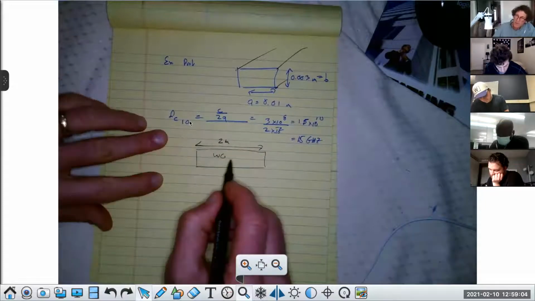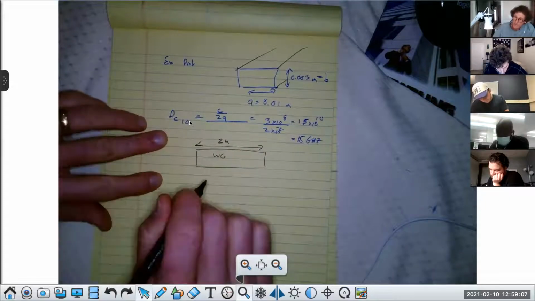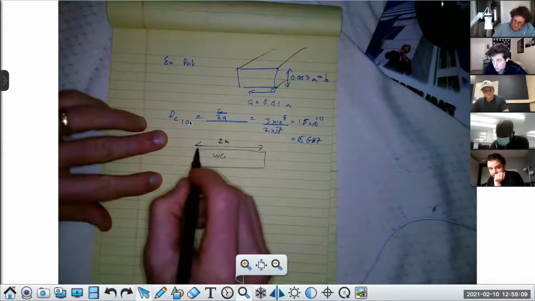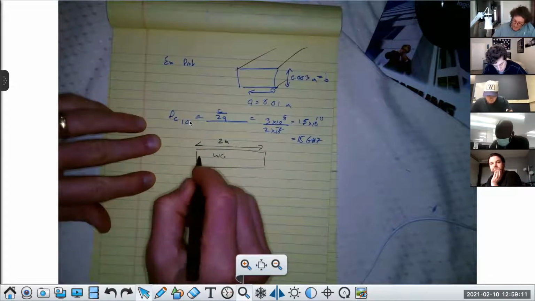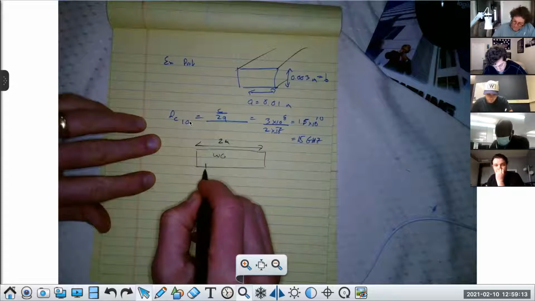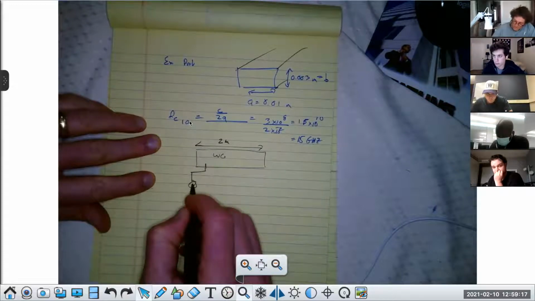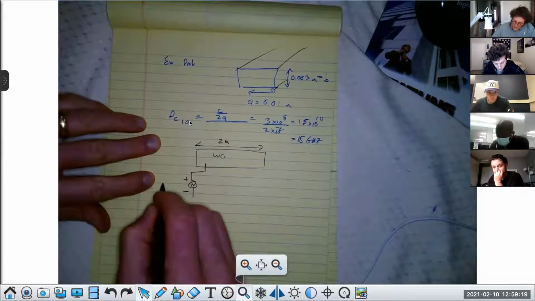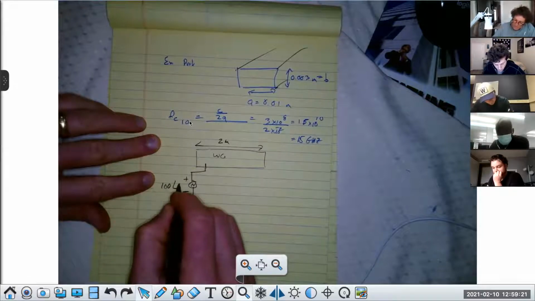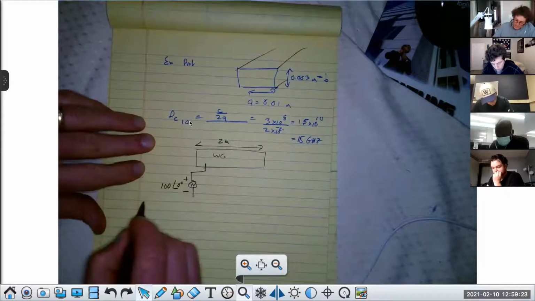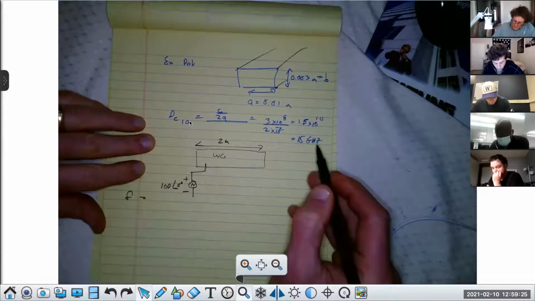And I'm not going to have any source impedance at all. So I'm just going to go ahead and feed this waveguide with a voltage source of 100 volts at 0 degrees. All right. And the frequency I'm going to feed it at is going to be 20 gigahertz.